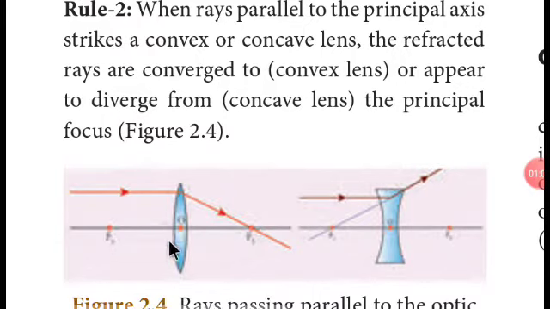The second rule is that if the incident ray is parallel to the principal axis of a lens, be it a concave lens or a convex lens, then the ray will pass through the principal focus of the lens, or it will pretend to be passing through the principal focus. Pretend means it is virtually going through the focus.